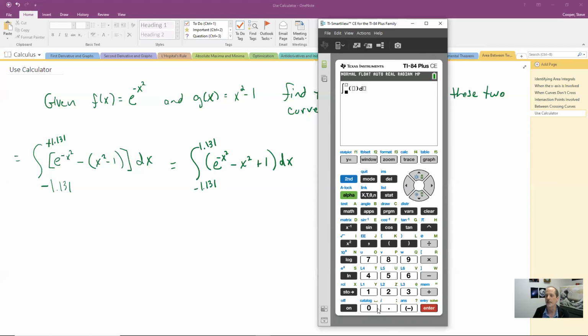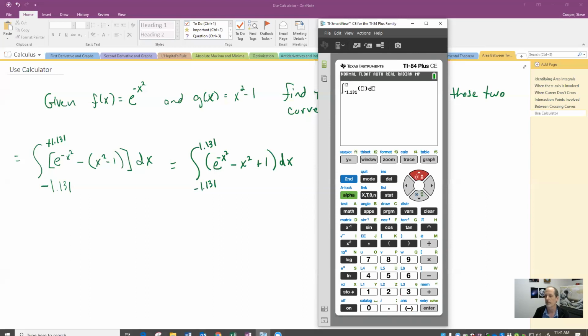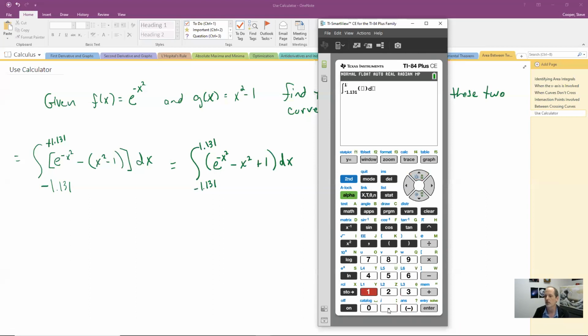So in this case, we're going from negative 1.131. Just hit the up arrow to get to the upper box. 1.131.